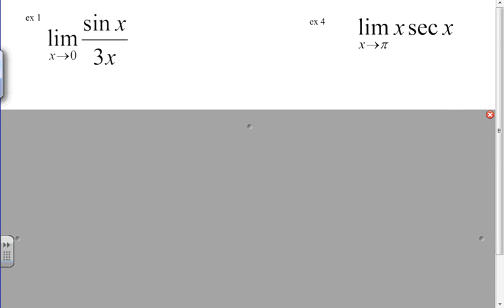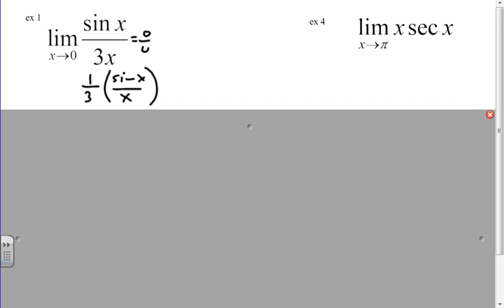The first one we have is example number 1. Let's say we have the limit as x approaches 0 of sine of x over 3x. Using the properties, we can factor out 1 over 3. Now we have sine of x over x. When we plug it in, this is going to be 0 over 0.